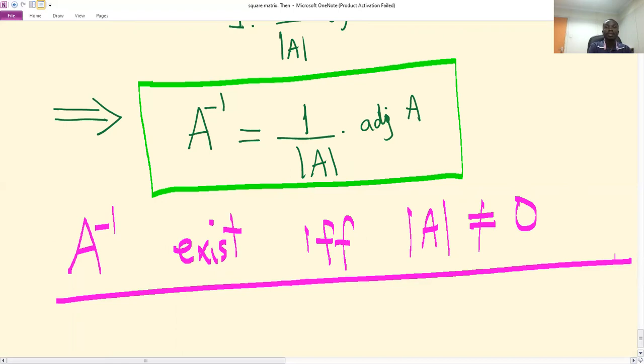So if the determinant is 0, then that matrix is referred to as singular, and we can't define its inverse. So the inverse will only be defined whenever the determinant is non-zero.